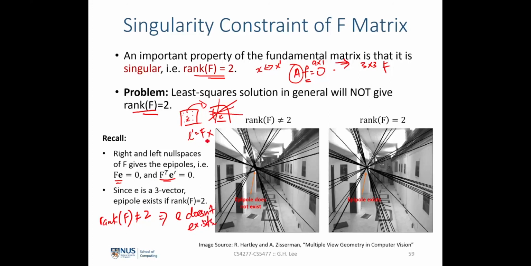We use an F whose rank is not 2 to map every single point from the first image to epipolar lines in the second image, shown by the black lines here. We see that the epipole doesn't exist because all these epipolar lines won't intersect at a single point.